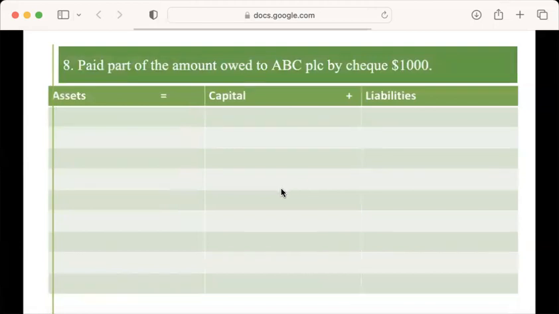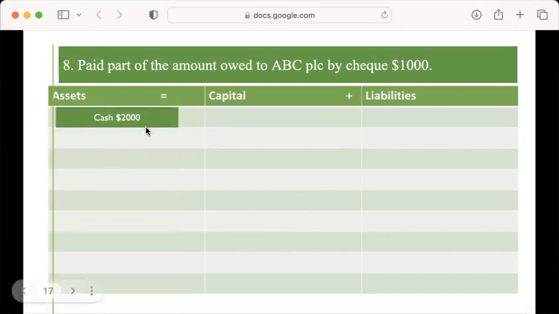Right. On the 8th, let's say part of the amount owed to ABC PLC, we have settled, paid. Now we owed ABC PLC I believe 3,000. So of that 3,000, we are paying part of that liability. So when we pay that 1,000, we are paying it by check. So the cash at bank decreases. It used to be, I think, 4,300. So now it decreases to 3,300.